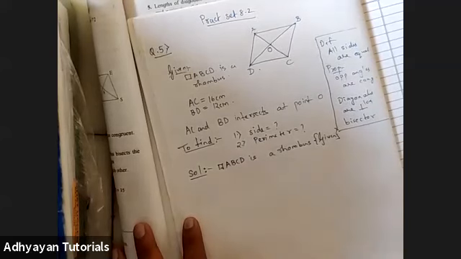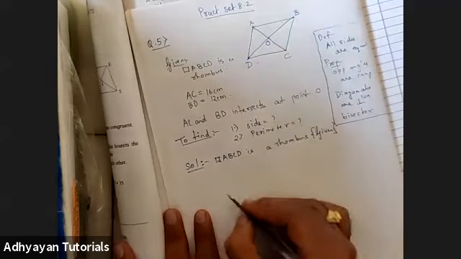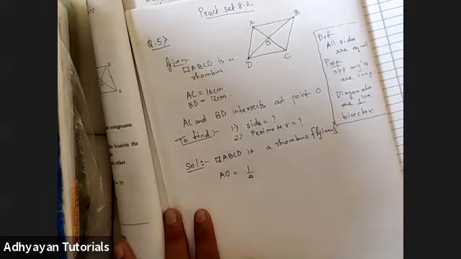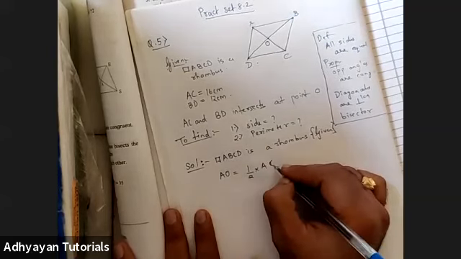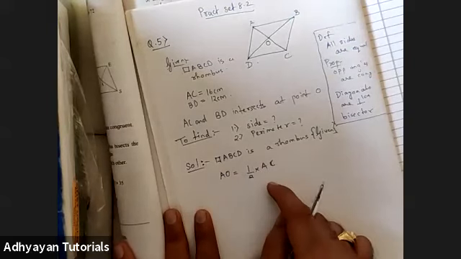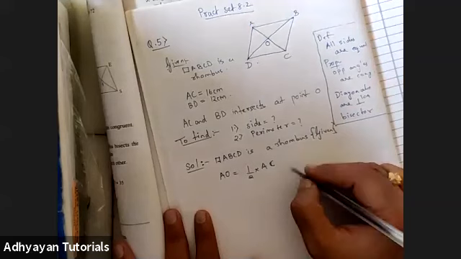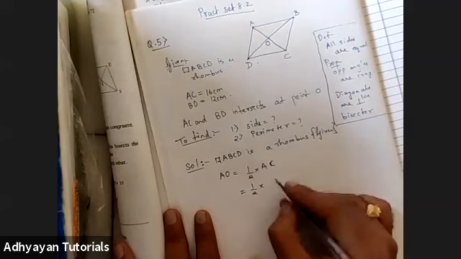right? Now, AO is nothing but half of AC. I hope children you all have understood this. AO is nothing but half of AC. The reason is diagonals bisect each other.